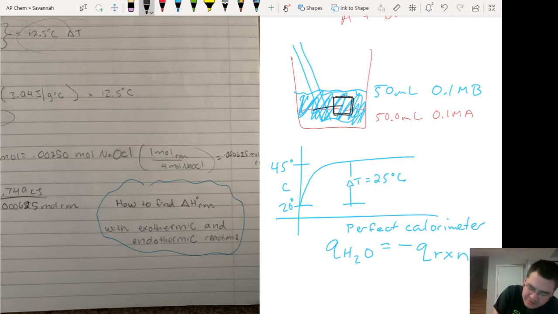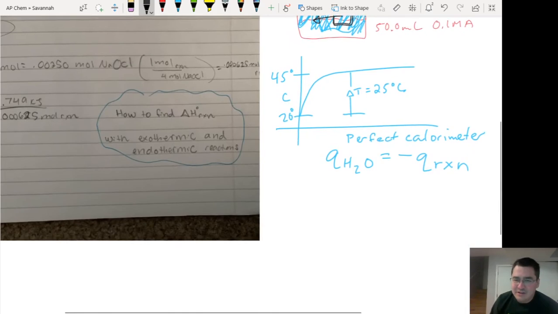Correct. So from the chemical standpoint, they're releasing energy. From the water standpoint, what's the water doing? It's gaining energy. It's absorbing energy. Now, what's true about the amount of energy that the water gains compared to the amount that the chemicals release? They're equal?